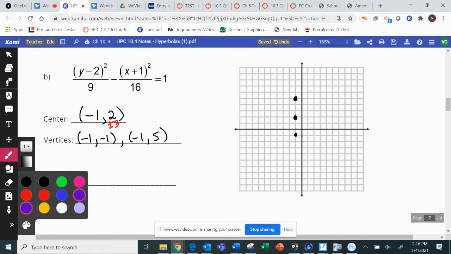All right, and then I'm going to find the other points, which are plus or minus 4. And you can write them down if you want. You don't need to. I'm just going to go out 4 from the center and make that rectangle.